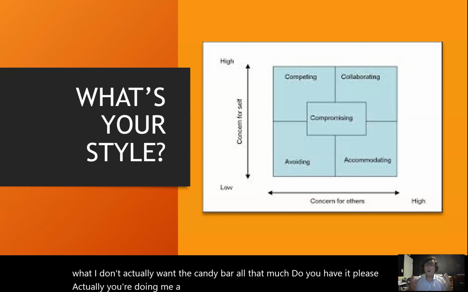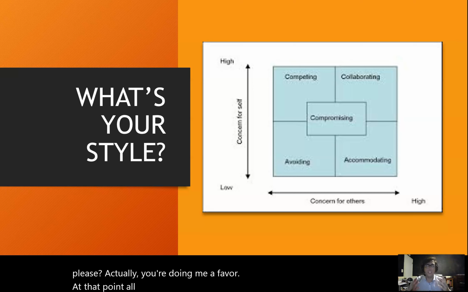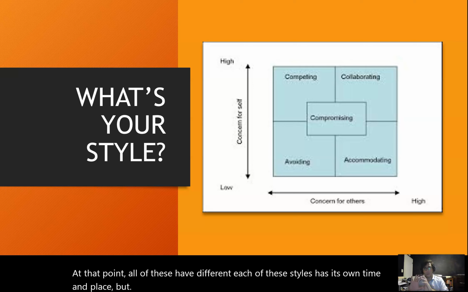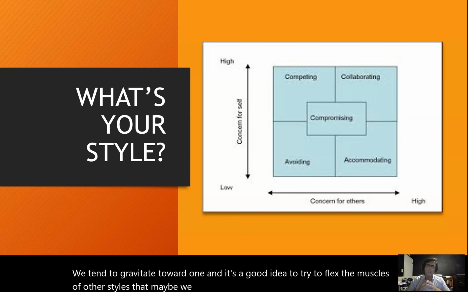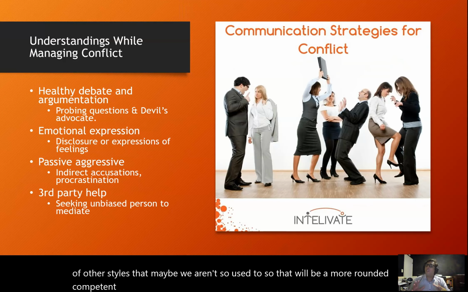Each of these styles has its own time and place, but we tend to gravitate toward one, and it's a good idea to try to flex the muscles of other styles that maybe we aren't so used to, so that we'll be a more rounded, competent communicator. So there are some things we have to understand while managing conflict.